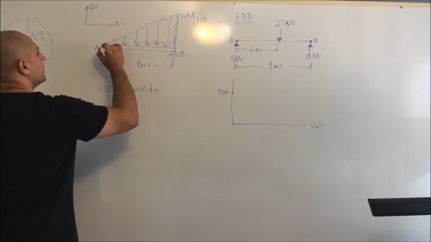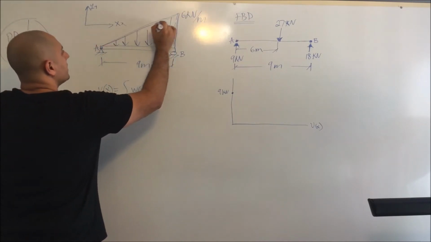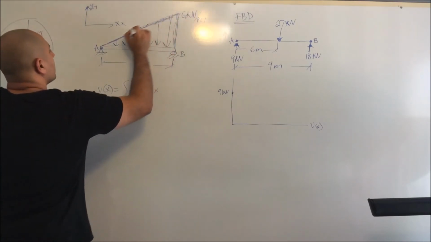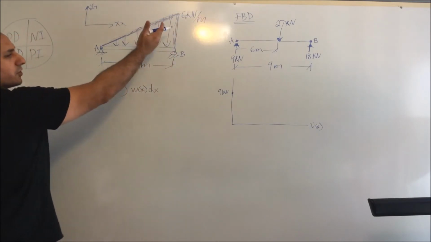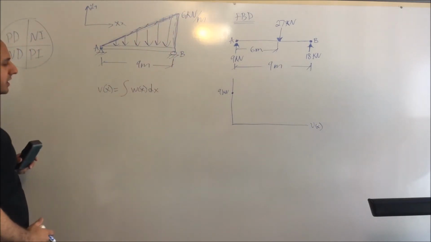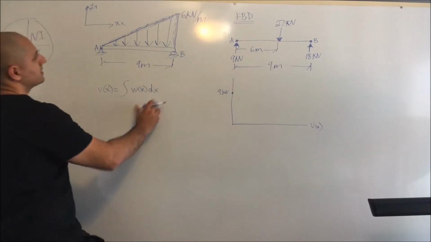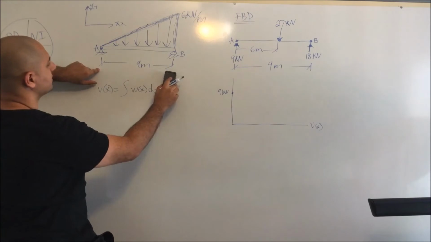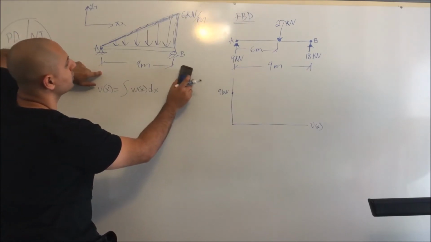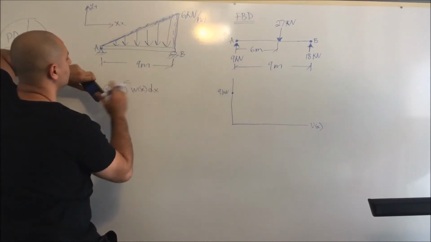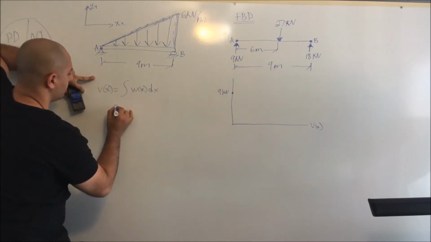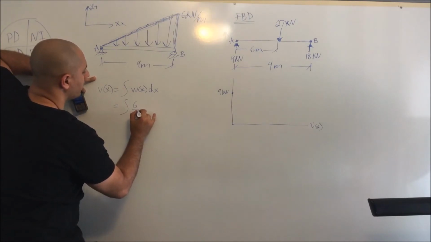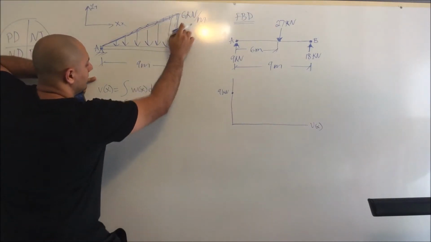When I say slope, what you need to look at is this line right here. What is the slope of this line? Once you know the slope, everything else is just plug in. In this case, for every 9 meters in x, you go 6 kilonewtons. So we'll say it's the integral of 6 over 9 x.